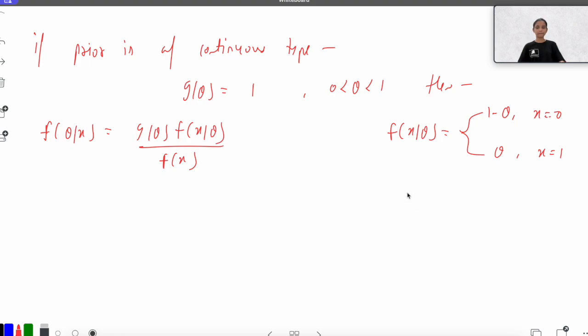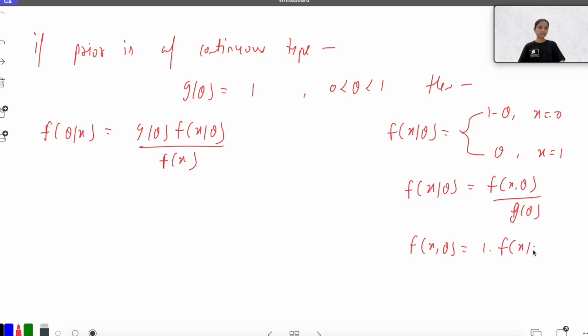For finding the joint, we have this information that f of x given theta is equal to f of x comma theta upon g of theta. So your f of x comma theta can be expressed as g of theta, which is 1, times f of x given theta.